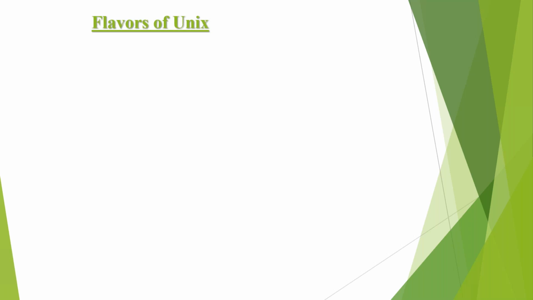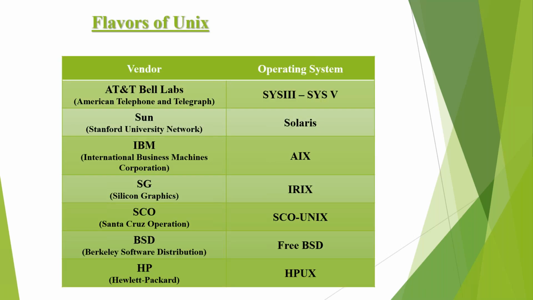These are the vendors and these are the operating systems. IBM is still using AIX internally. Sun is using Solaris. These all are from Unix source code.